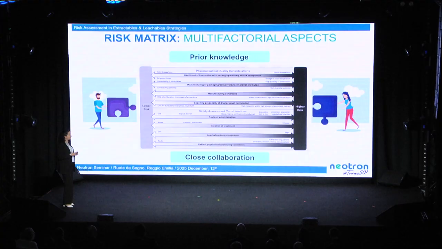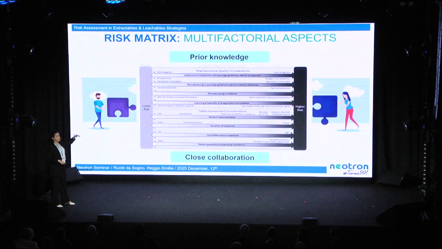And to do that, of course, we have to manage a risk matrix that is multifactorial. You can see that we have different aspects to take into consideration, but in two main topics: the pharmaceutical quality consideration and the safety assessment consideration. So you can see that in this matrix we have different factors to keep in mind.